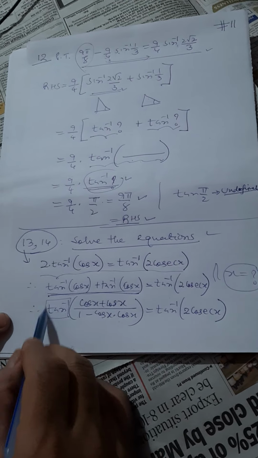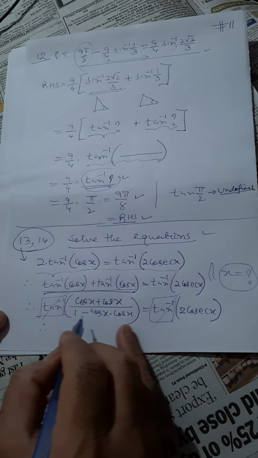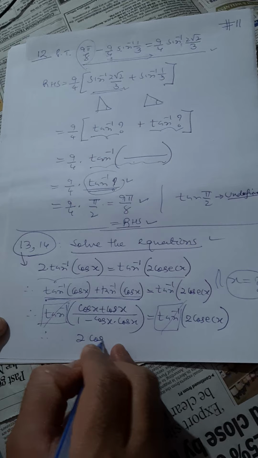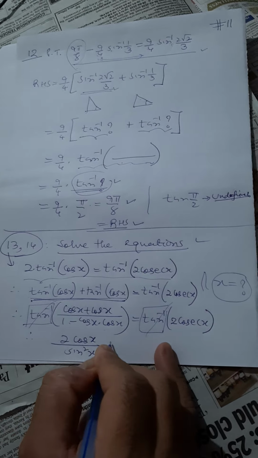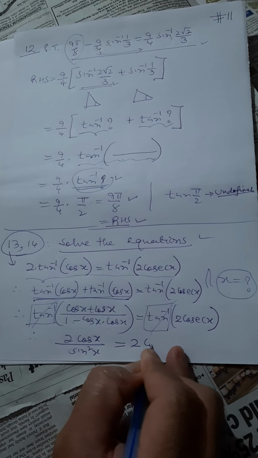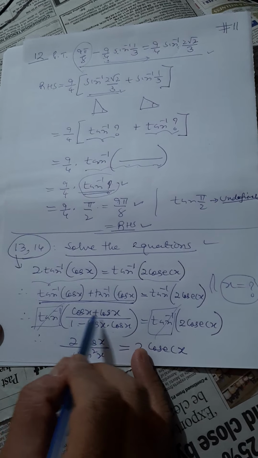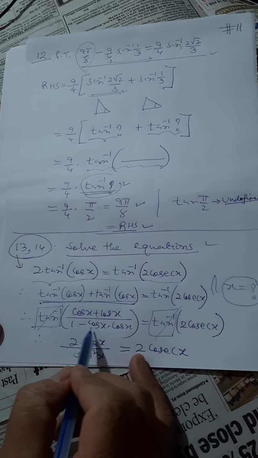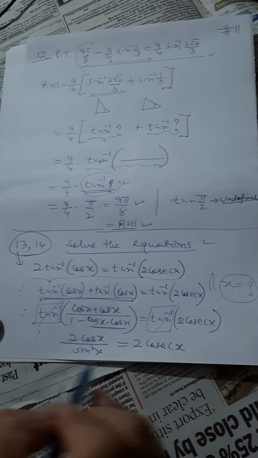Now this tan inverse and this tan inverse you can cancel from both the sides. So this is twice cos x upon 1 minus cos square, which is sine square, and this is twice cosec x. Now this is purely reduced into trigo functions. Twice cos x upon 1 minus cos square, which will be sine square, and twice cosec x.